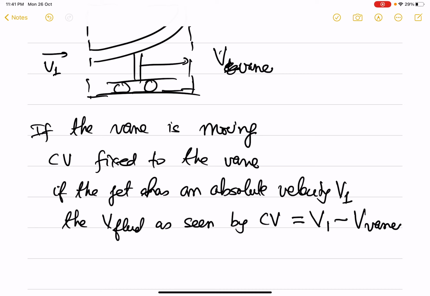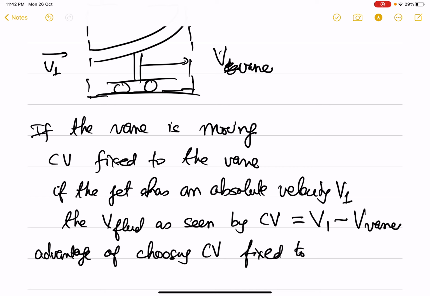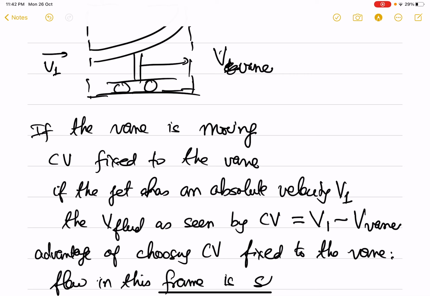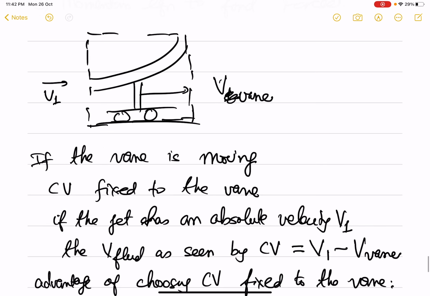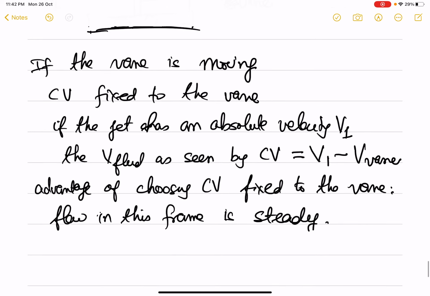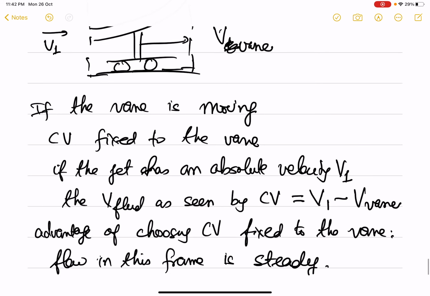Now the advantage of choosing the control volume fixed to the vane is that the flow in this frame is steady, because we just see the vane, we see the flow coming in with the velocity V1 minus V vane, and therefore the flow will be steady.